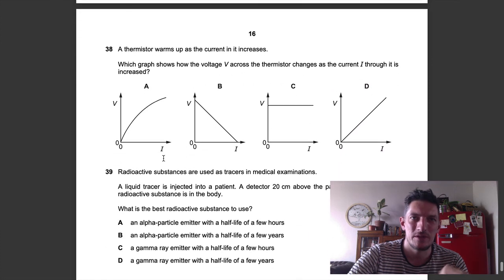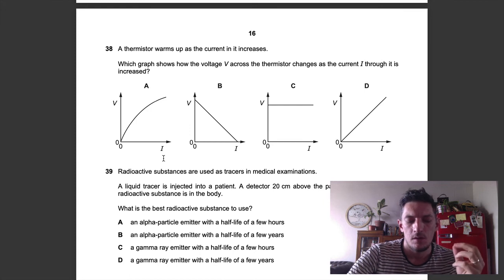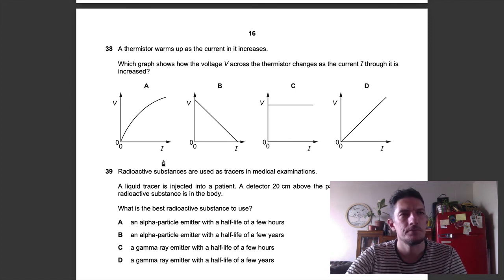A thermistor warms up as the current increases. I believe a thermistor, its resistance increases as it heats up, right?